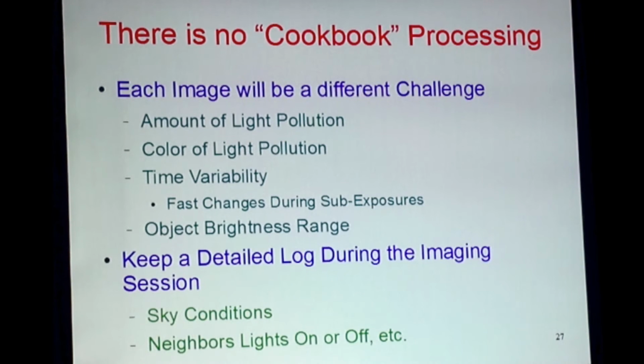A lot of it has strong emission lines in it from the sodium and from the mercury and so forth. In the case of LED lighting, which is becoming popular, there's a strong ultraviolet line at about 390 nanometers, thereabouts. The LPR filter cuts that off completely, so it's not a problem for imaging.